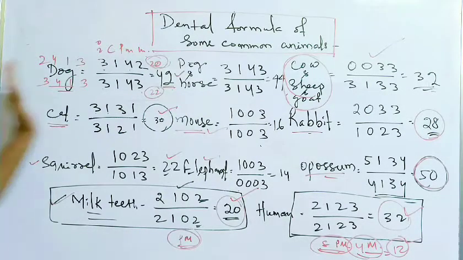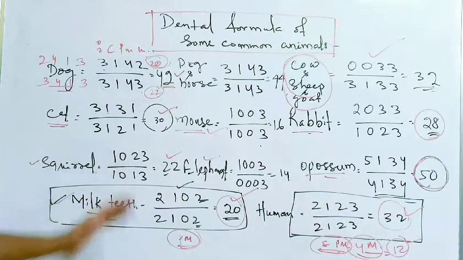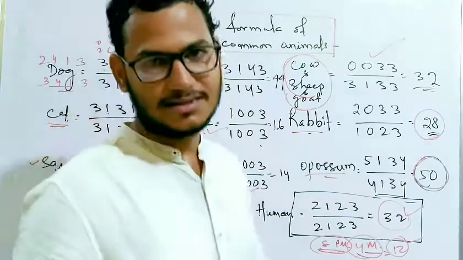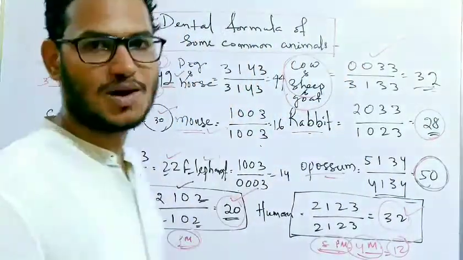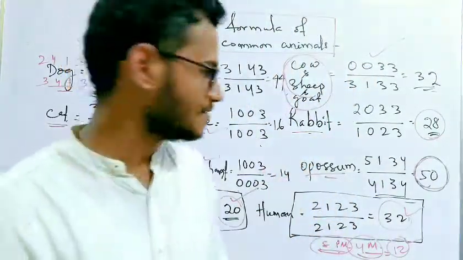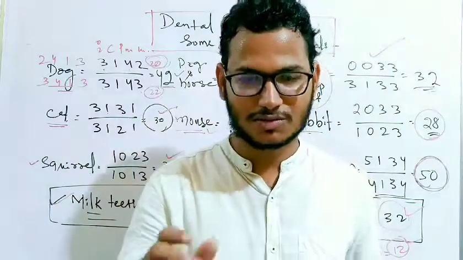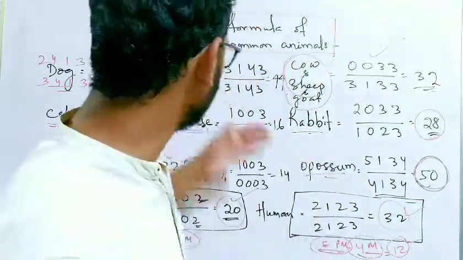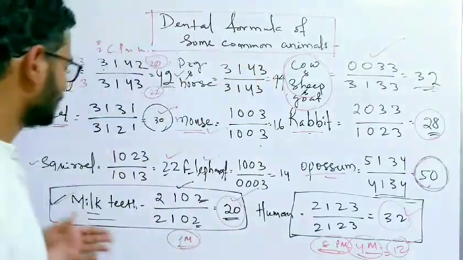So remember these dental formulas, they may be asked in different entrance examinations as well as in your board examination. You can also write them to show your knowledge of the dental formula by giving examples of any of these animals. Okay, so this is all about the different types of teeth, their functions, and the different dental formulas in some common animals.